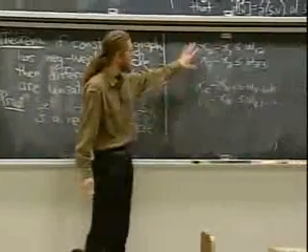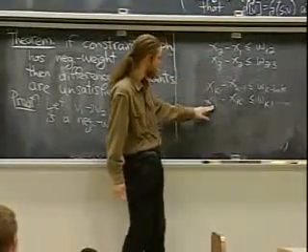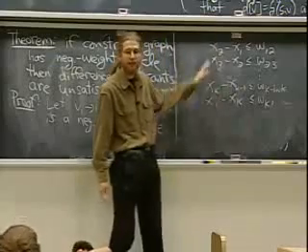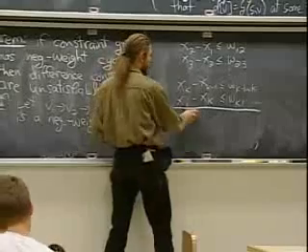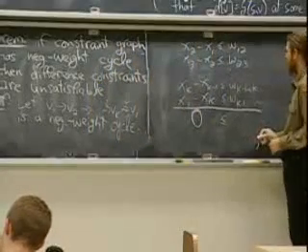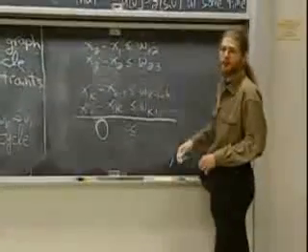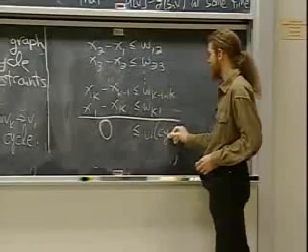Everything cancels. If I added these up, there's an x2 and a minus x2. There's an x1 and a minus x1. There's an xk and a minus xk. Everything here cancels if I add up the left-hand sides. So what happens if I add up the right-hand sides? So over here I get 0, my favorite answer. And over here we get all the weights of all the edges in the negative weight cycle, which is the weight of the cycle, which is negative.